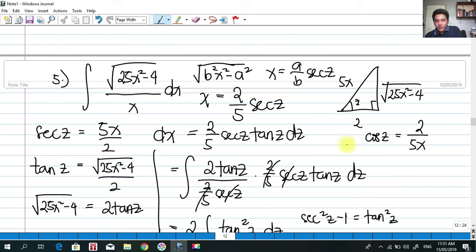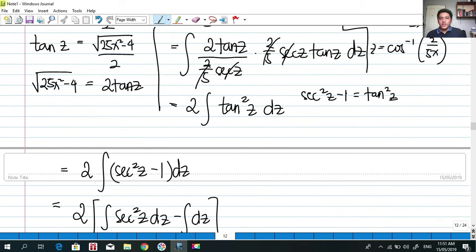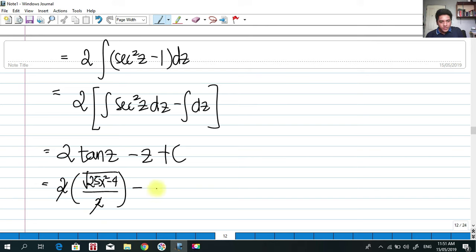So rearranging this, we can get z. Z is arc cosine of 2 over 5x, and that should be our z. So z is arc cosine of 2 over 5x plus c.